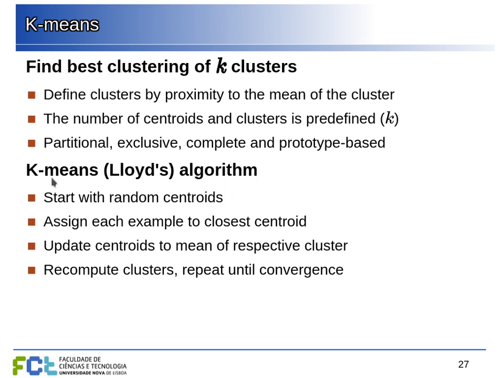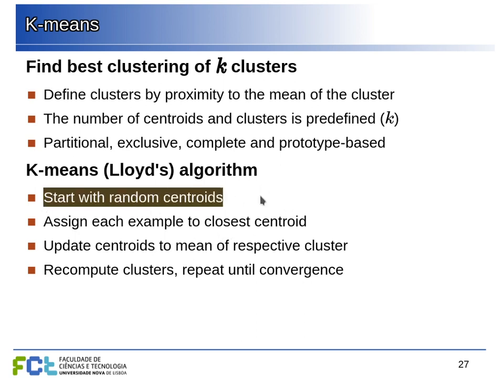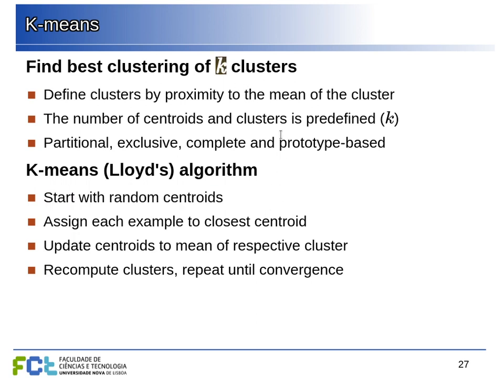So let's see Lloyd's algorithm for computing k-means, for finding the best solution for this problem of assigning the points to the clusters and computing the position of these centroids. We can start with a random set of centroids. If we want k clusters, we start with k centroids at random.